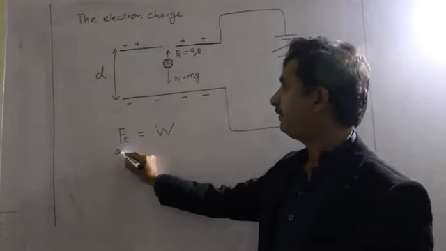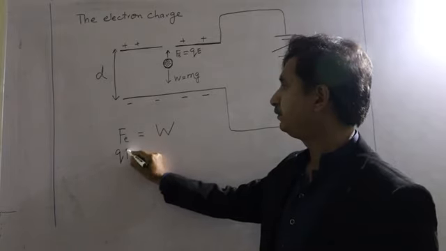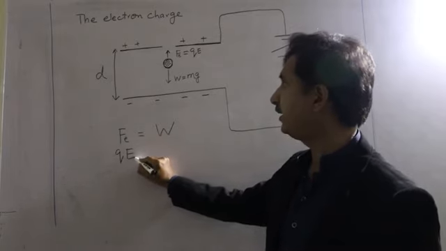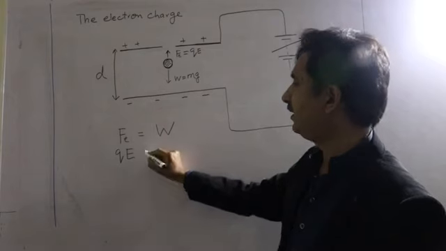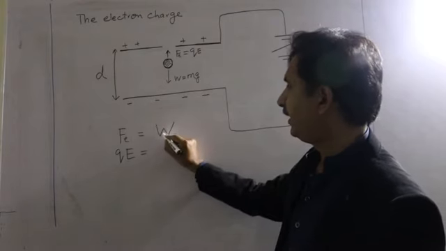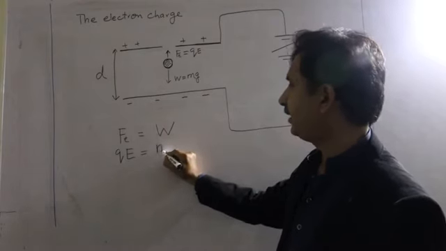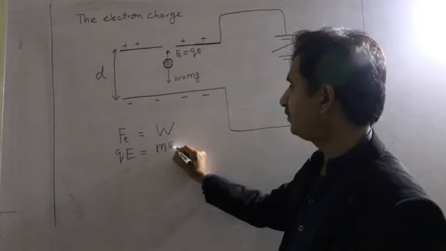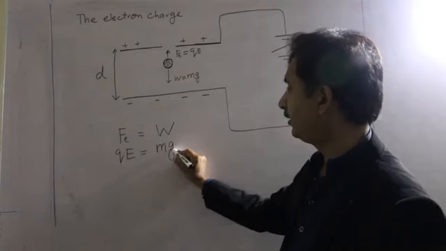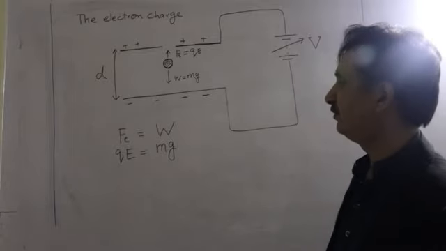You know F is equal to QE, charge on this particle and electric field strength. And you know the weight of this particle is M, mass of this particle, times G, gravitational field strength.